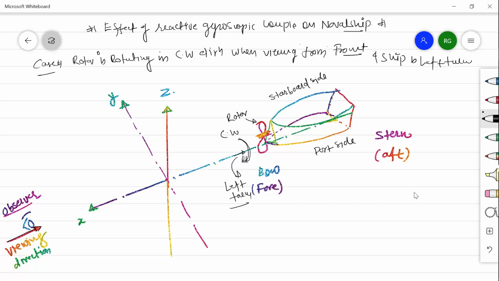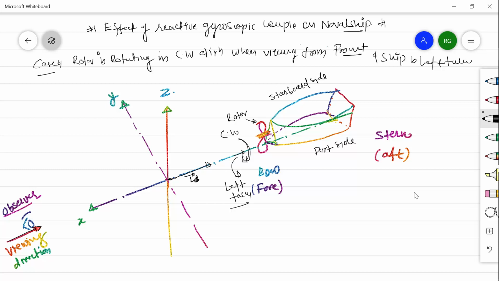then the angular momentum vector would be this. This would be our angular momentum vector L_S, or we can say the angular momentum vector because of spin.